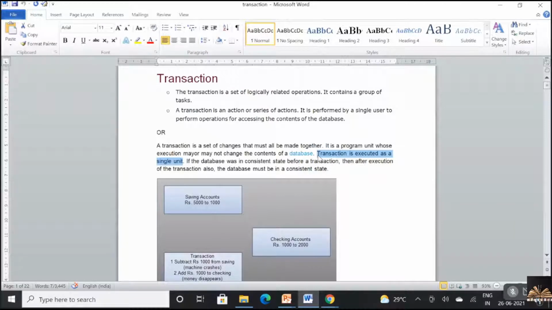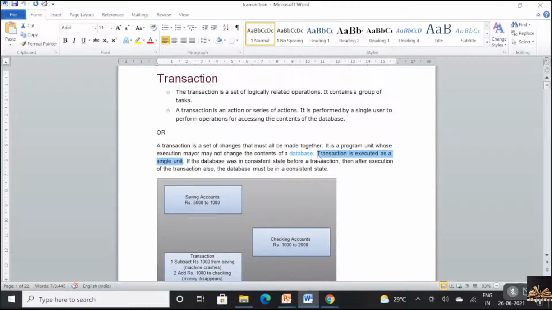And I've already told you this. If the database was in a consistent state before the execution of a transaction, then after the execution of a transaction also, the database must be in a consistent state. So this is what you have to keep in your mind.